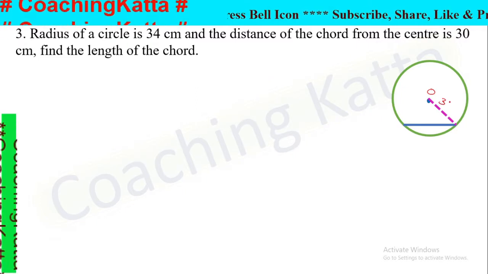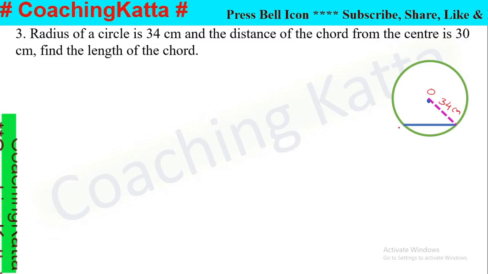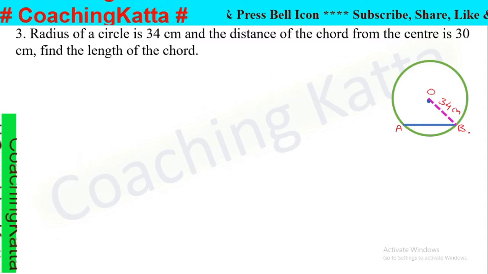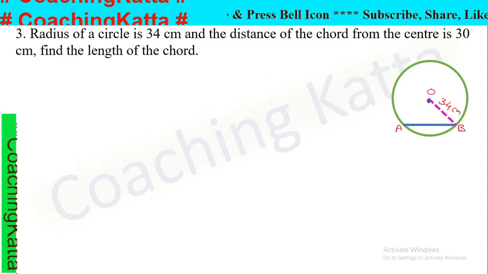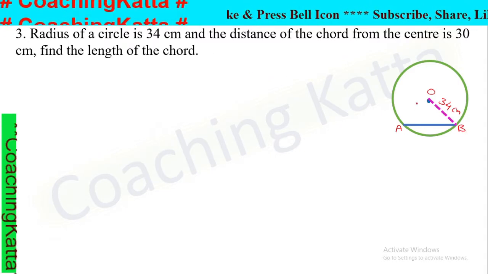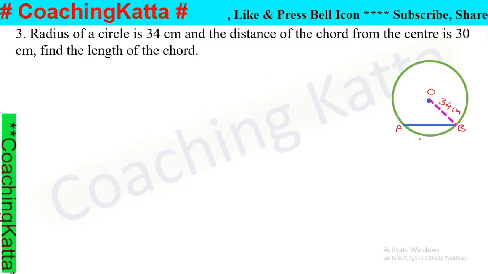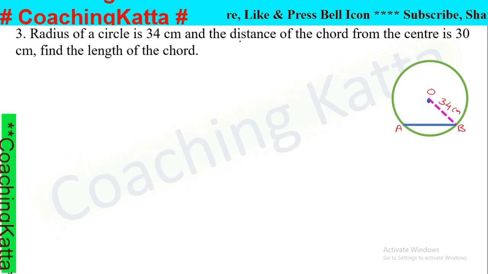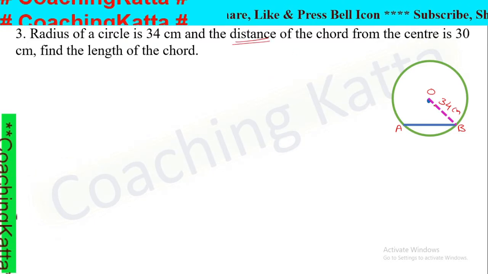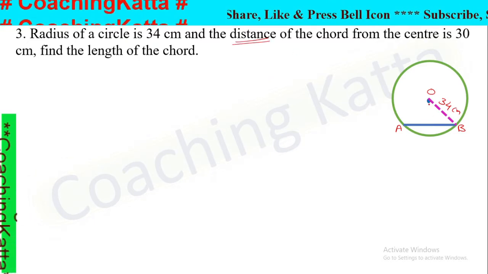So write here 34 centimeter. Write the name AB. Chord AB is given, and we have to draw the perpendicular from center, because the distance is given, and distance means perpendicular distance.